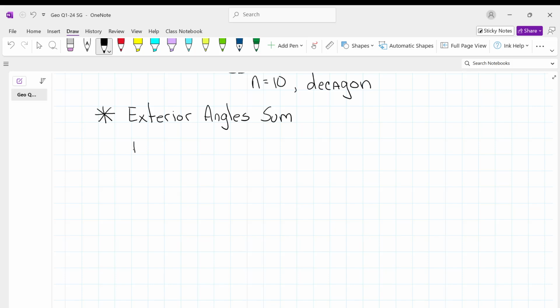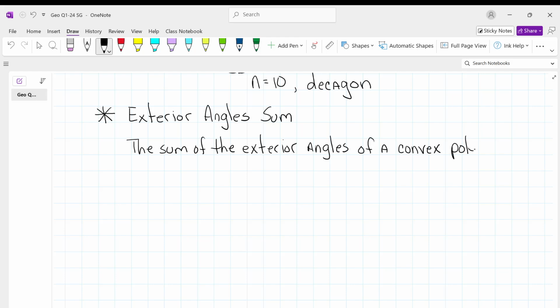The sum of the exterior angles of a polygon, of a convex polygon, one at each vertex, is 360 degrees.